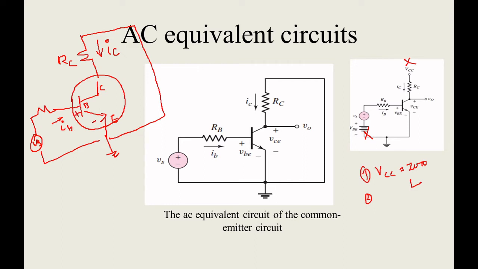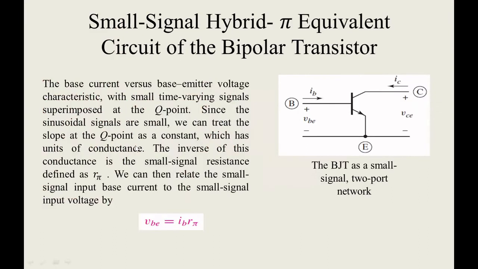The drop across this part is small vb, and plus or minus vc, the output voltage drop of the collector terminal. So this is the circuit drawn. The assumptions you want to make clearly: the DC part is to be removed and the capacitor is to be short circuited. These are the two assumptions you want to be very clear about when you are doing the AC equivalent circuit.